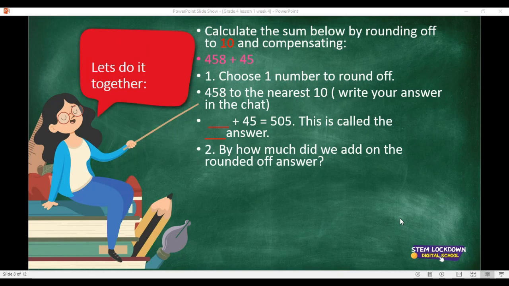I asked what this is called. Go to the chart and tell me about this 505. Is it the actual answer? If I go to my calculator and say 458 plus 45, am I going to get 505? What is it called?